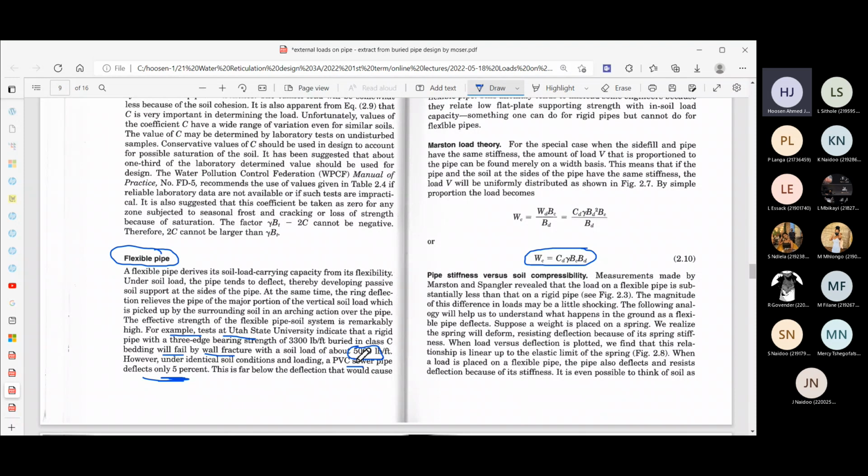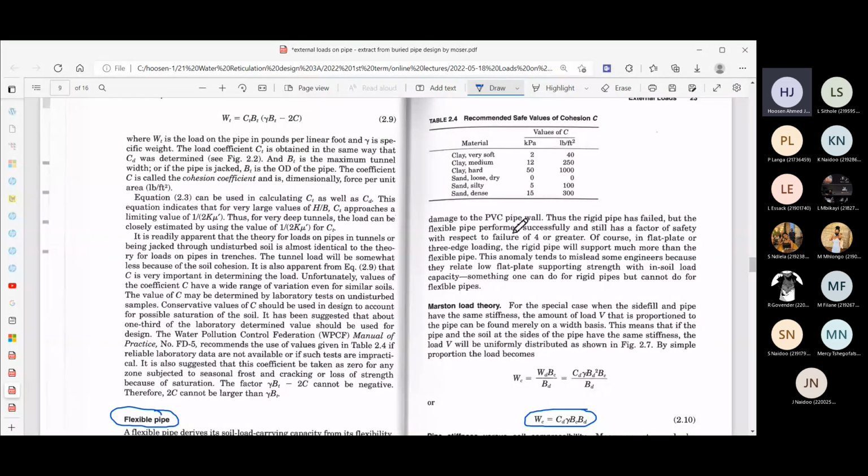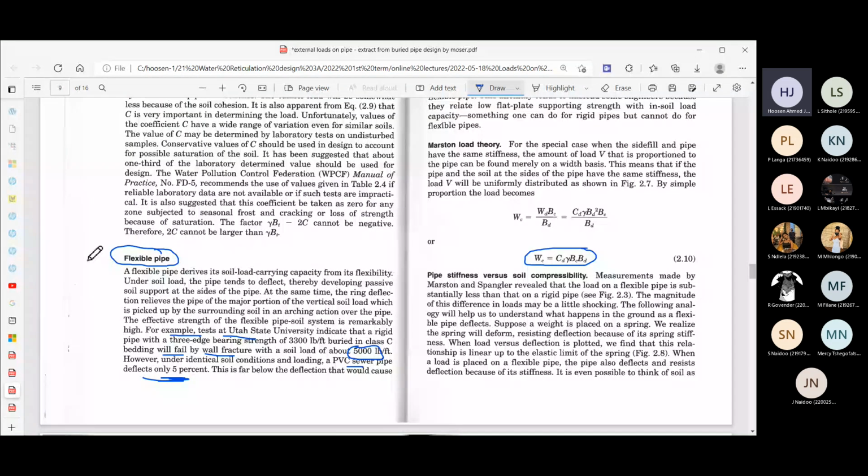Yet it's a weaker material. The plastic pipe generally is less stiff than a concrete pipe, or one would regard it as a weaker material. But the failure load was 4 times greater than that for the concrete pipe, and the simple reason was because it's a flexible pipe.